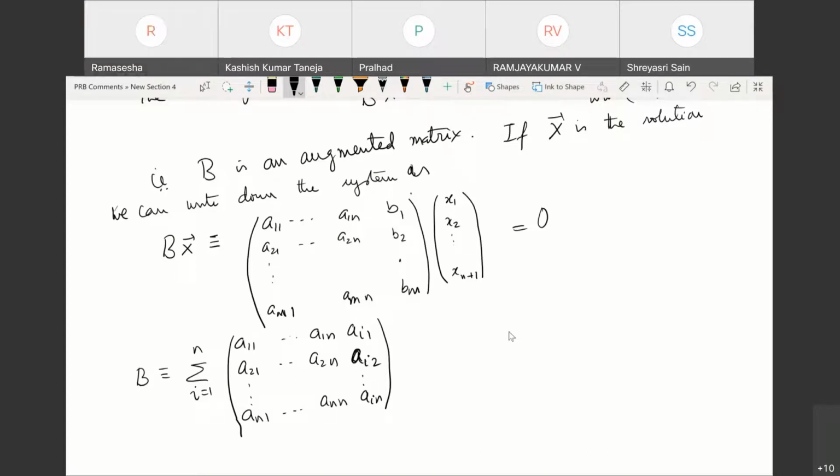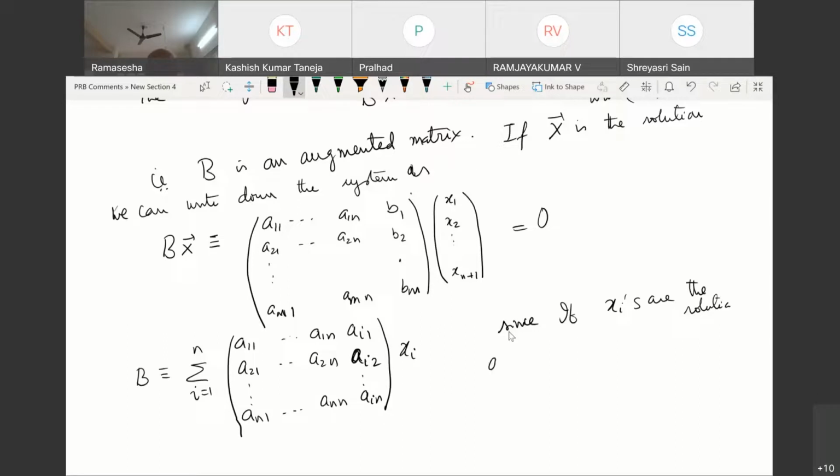Since xi is arbitrary, then I have ai1 x1 plus ai2 x2, etc., plus ain xn is equal to bi. Right? So for bi, I have replaced ai1, ai2, etc. This is in equation i. So if I look at any general equation, I will have bi appearing with ai1 xi, ai2 xi, etc. Is it clear?